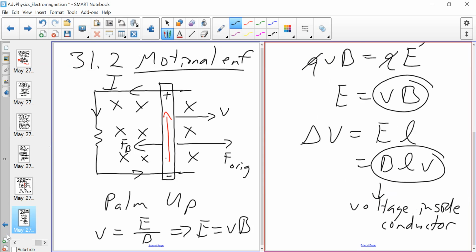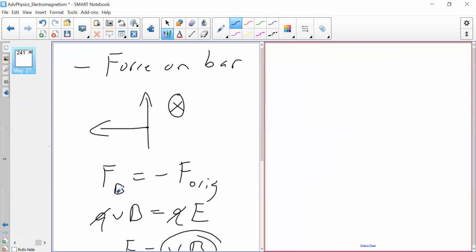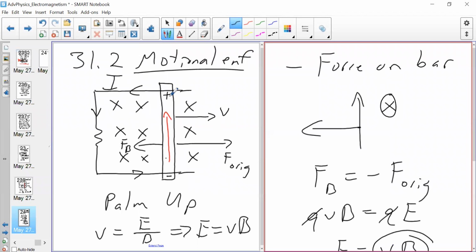All right. The last thing we'll look at is what can we say about the relationship of the changing flux between this conductor and this field, because as it moves to the right, there's going to be more field coming in per area over this area.